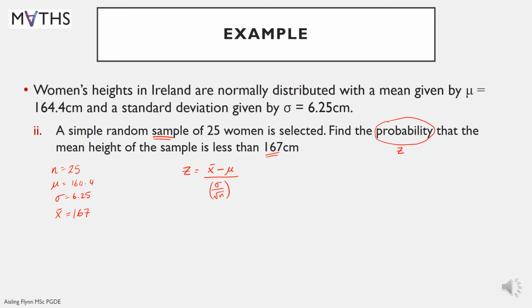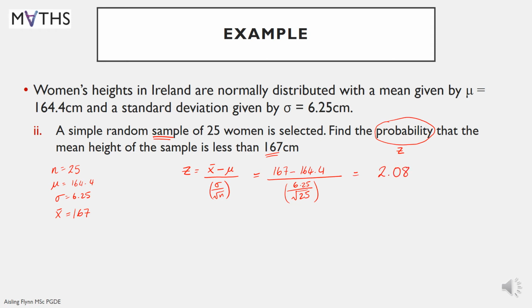All right, so now let's substitute into the formula. So we have 167 minus 164.4, all to be divided by 6.25 over root 25. Let your calculator do the work, and you get a z-score of 2.08.